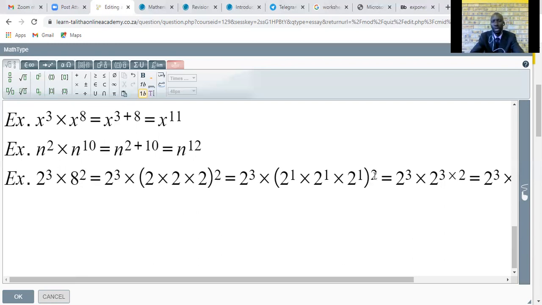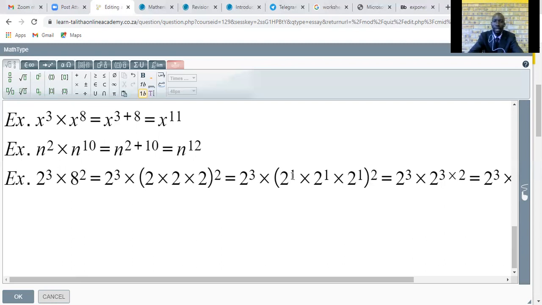And the whole process of making 8 look like 2 is what we have been doing here. And that is what took the most part of our steps. We needed to make 8 expressed as the prime factor, or as a product of the factors. You see? So this is what we get. So 8 being written as 2 times 2 times 2, with each 2 being represented with a power.